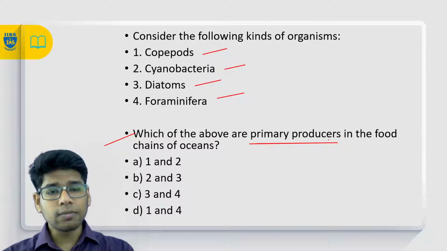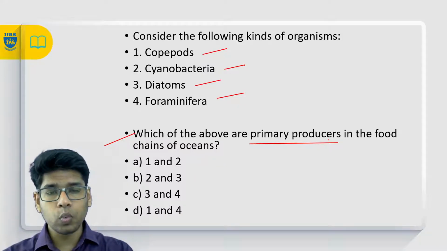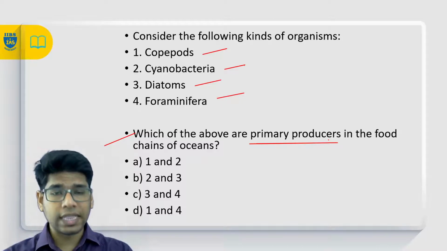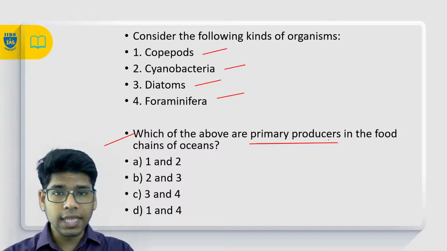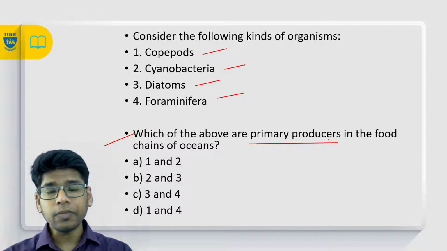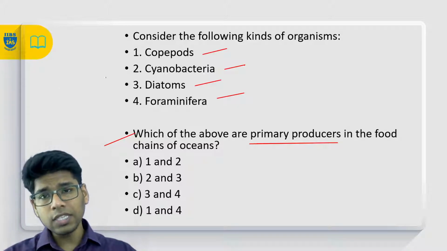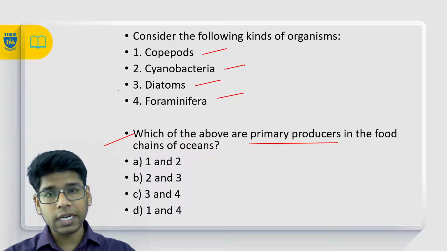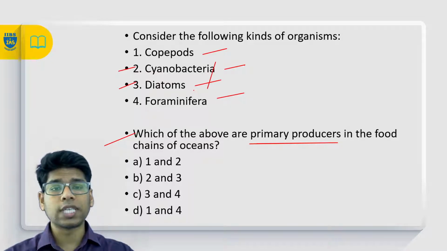When it comes to the primary producers in the food chain in the oceans, the primary producers are something which performs photosynthesis, and they produce food by metabolizing carbon dioxide and sunlight. As you can see here, cyanobacteria and diatoms are the 2 organisms which are photosynthetic.